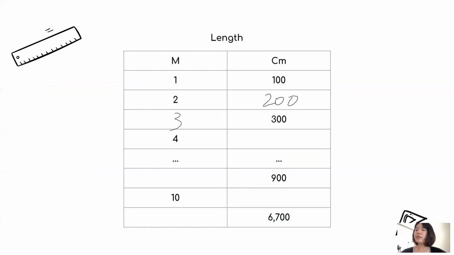And 4 meters equals 400 centimeters. And 9 meters equals 900 centimeters. And 10 meters goes to 1,000 centimeters. And 67 meters goes to 6,700 centimeters.